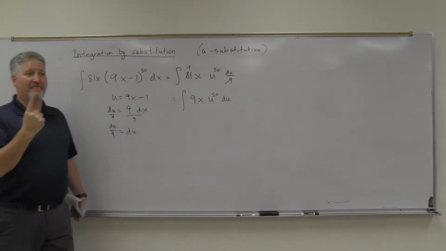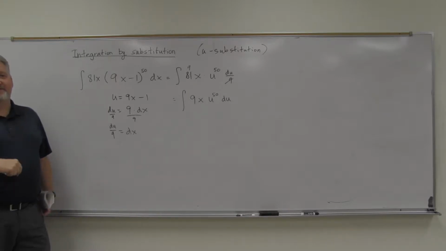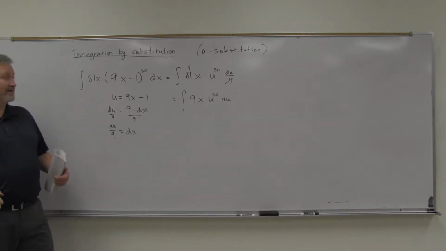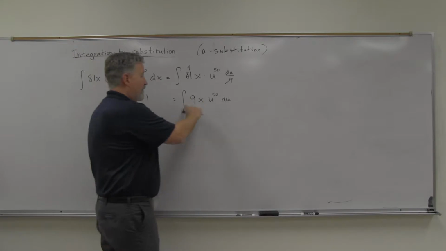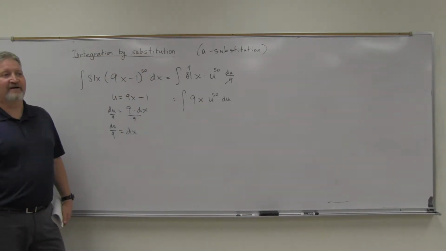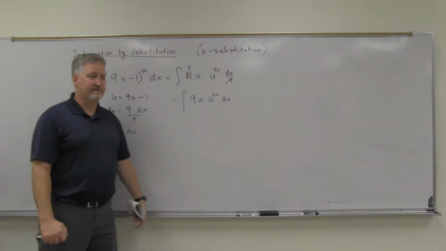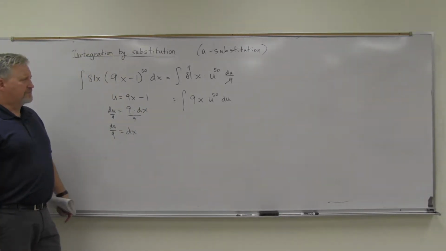But we still have a problem, don't we? Previously, when we did that cancellation and all that u substitution, we wiped out all the x's. In this case, we did not. There's still an x remaining even after we did our cancellation, after the u substitution.